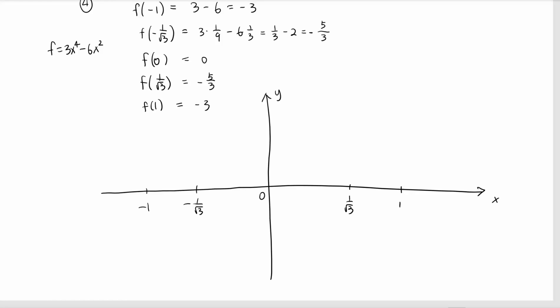At -1 we get -3, which is here. At -1 over root 3 we get -5/3, which is around -1 point something, so here. Remember, you have to plot the point and tell me what the value is. You don't just put the line here, you have to tell me what number it is. At 0 we have 0, and then here we have the same points. It's symmetric about the y-axis.